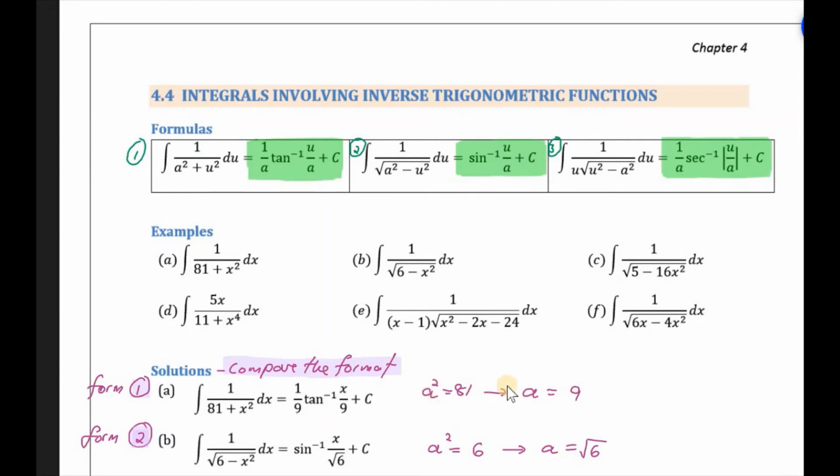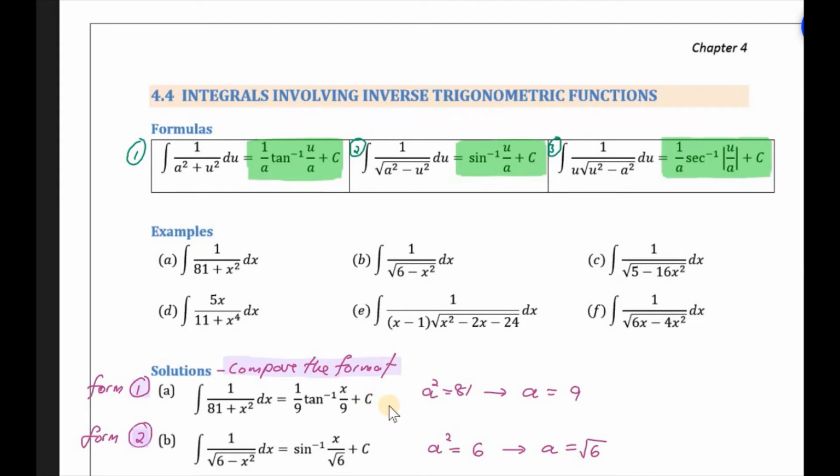So recognize the a, then we can just put the answer as given: 1 over a, being 9, inverse tangent of u, our u here is the x variable, over the a, 9, and this is an indefinite integral, so put the constant of integration plus C.